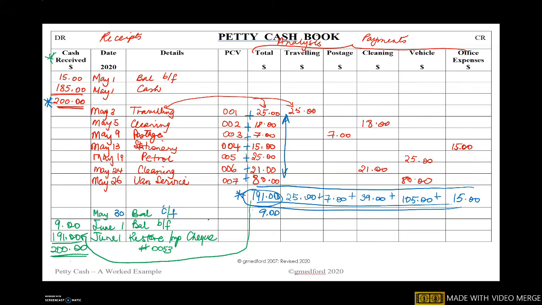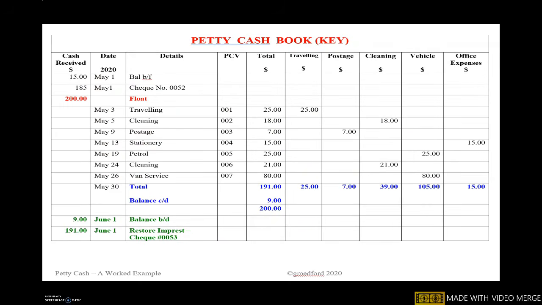Okay, so let's have a look at the model answer. Based on what we have done so far, let's examine the answers. If we look at our sheet, we're going to see receipts being recorded on the debit side, payments being recorded on the credit side.